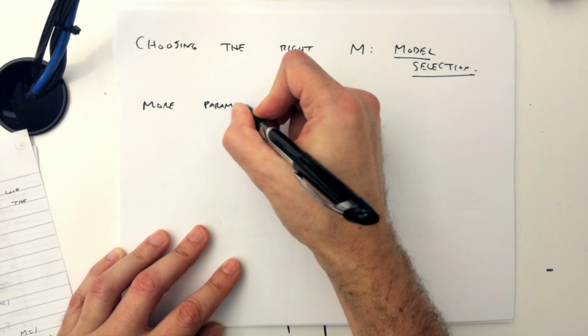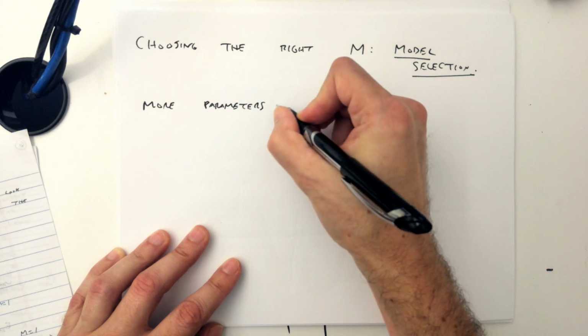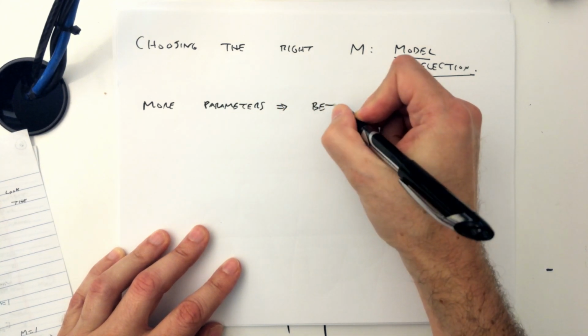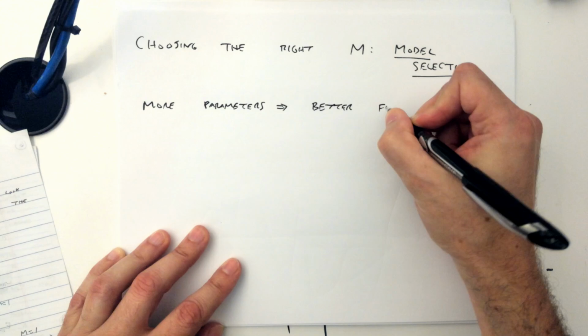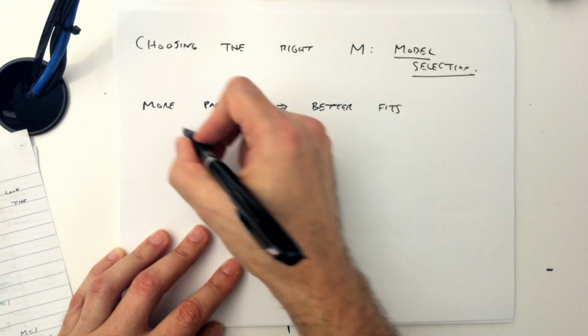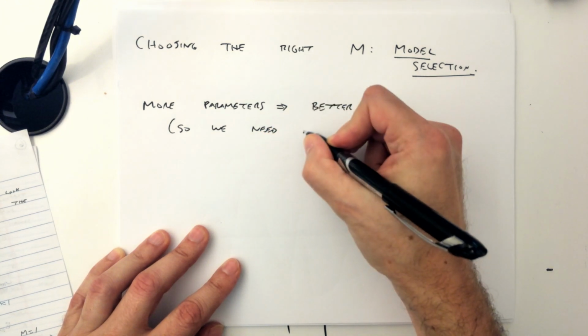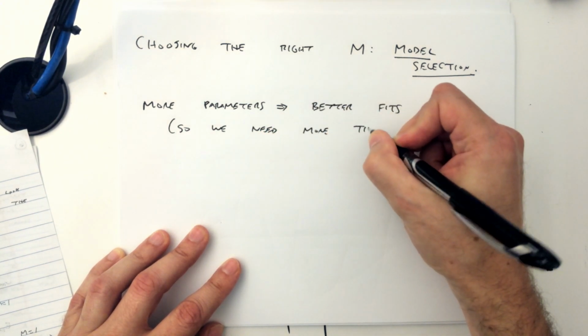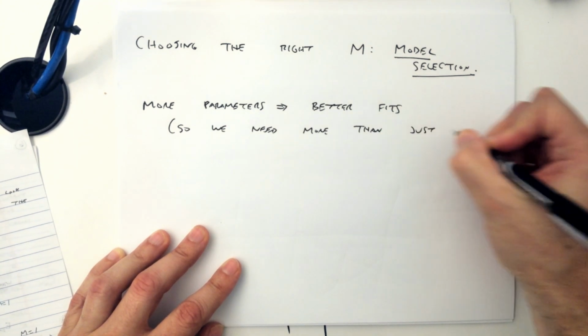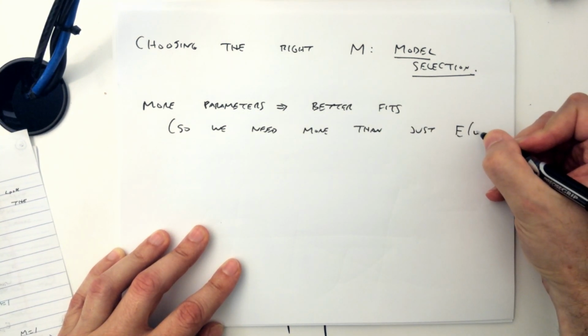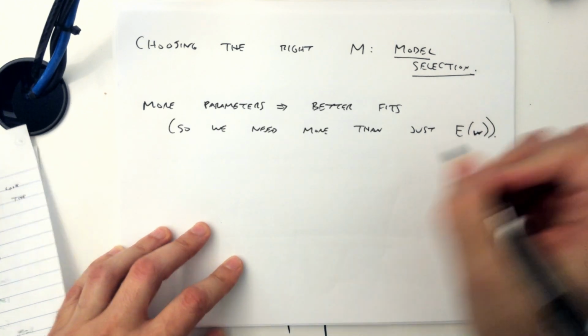More parameters always, in theory, can lead to better fits. So we need more than just the error function itself on the training data, right?